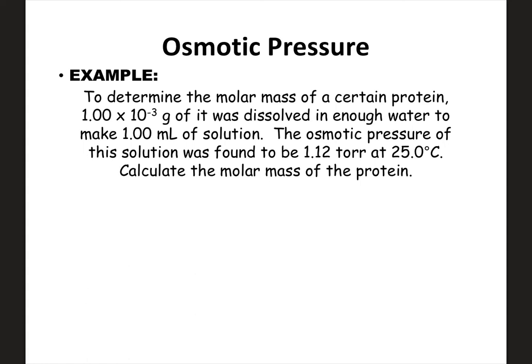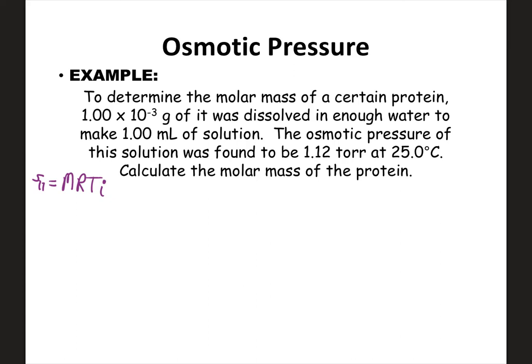So we know the osmotic pressure equation here is going to be the osmotic pressure equal to molarity times R times T times little i. Okay, so we're given the osmotic pressure, so we're not solving for that. In order to do the molar mass, the molarity is what we're going to use here to eventually get to the molar mass.